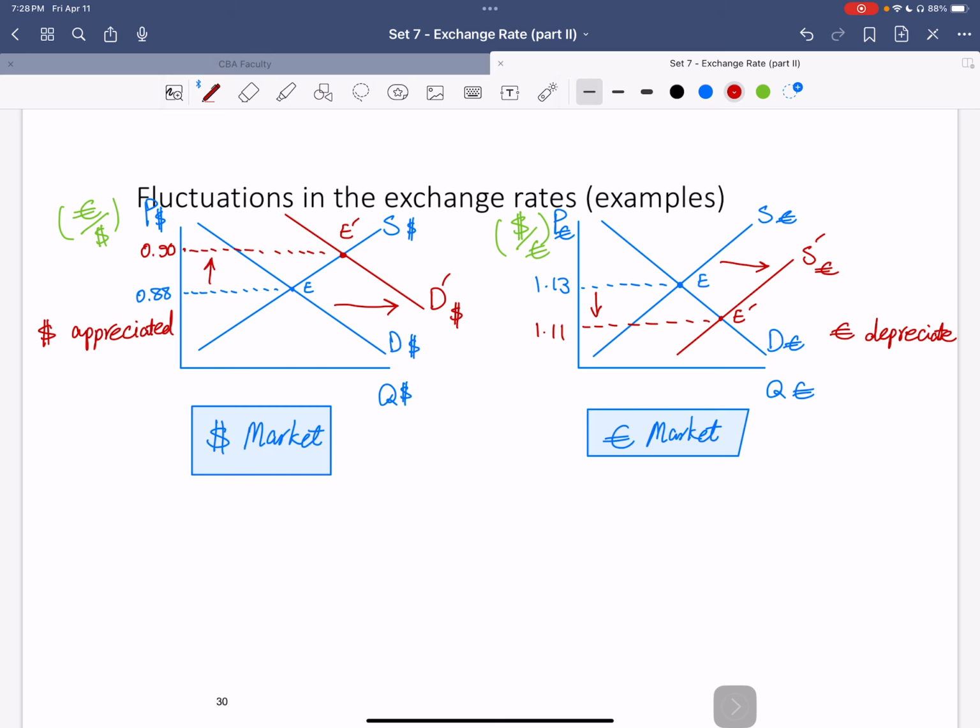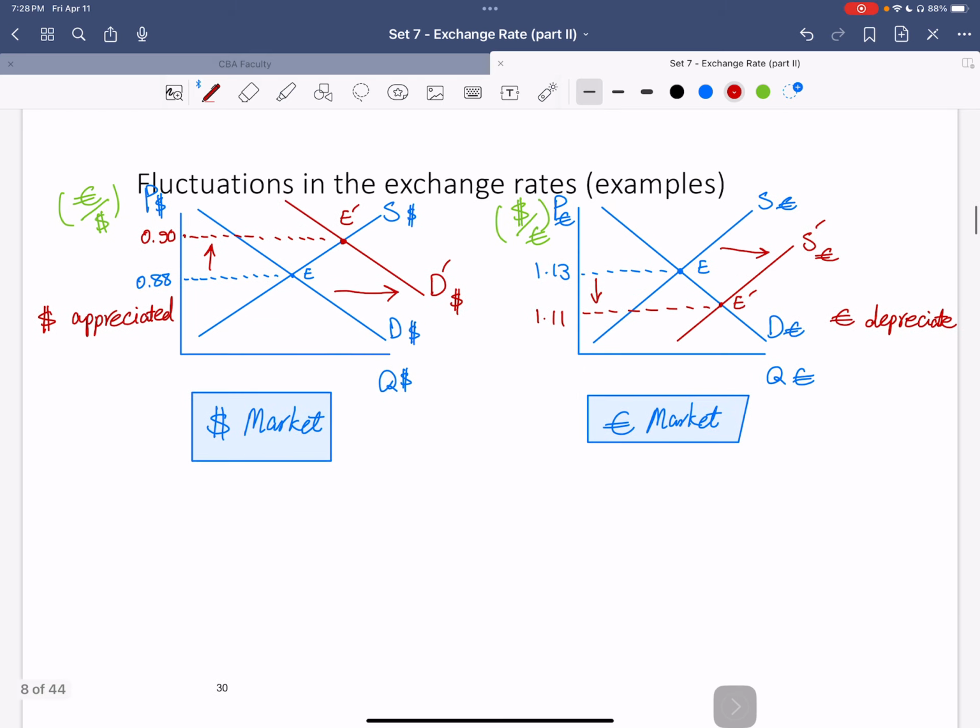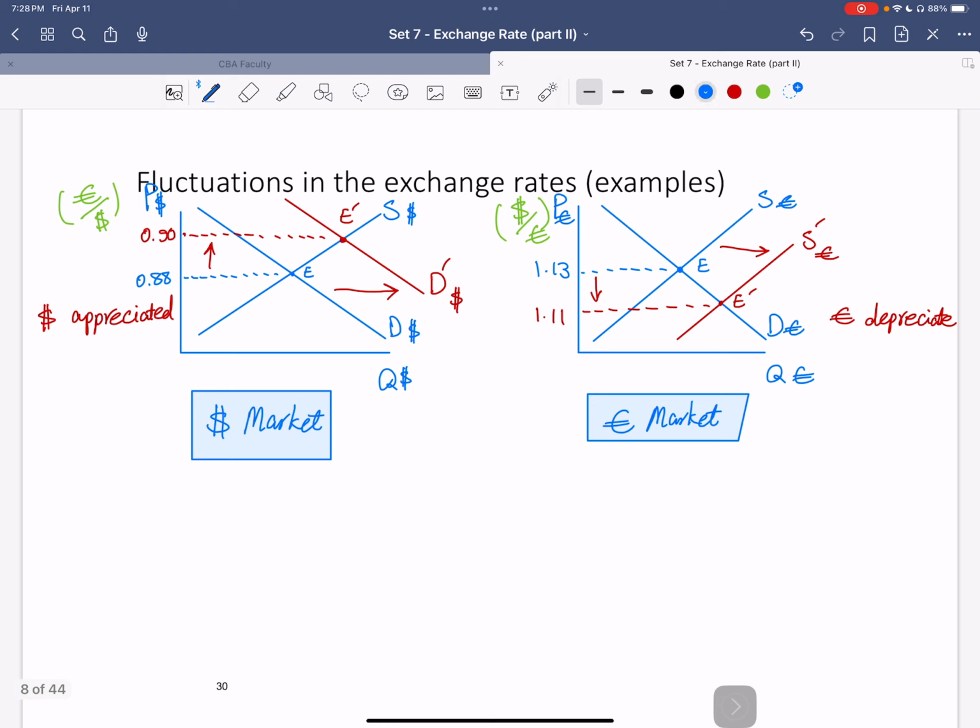Right. Let's look at the reverse of these. Let's say this time demand for dollar, instead of increasing, let's say this time it decreases.